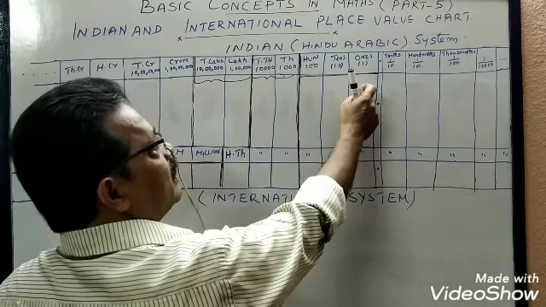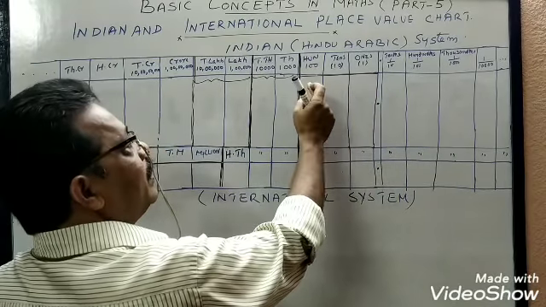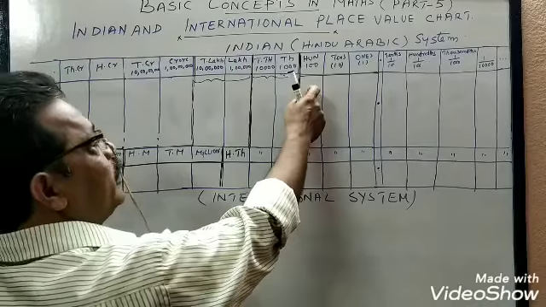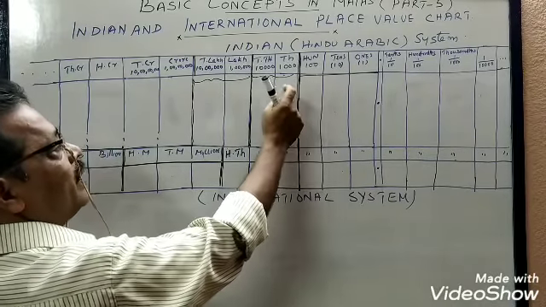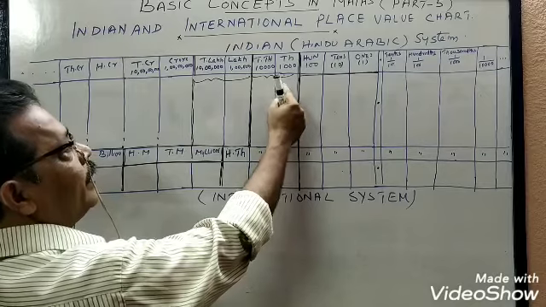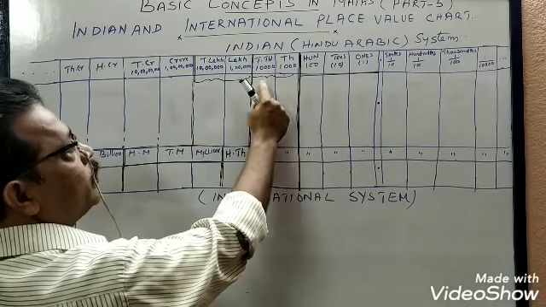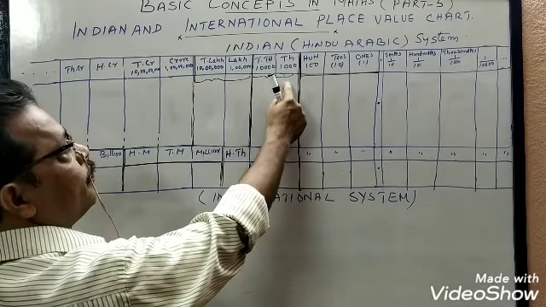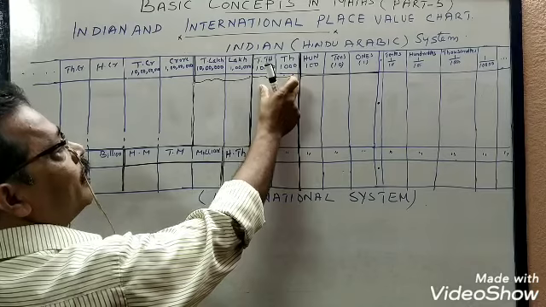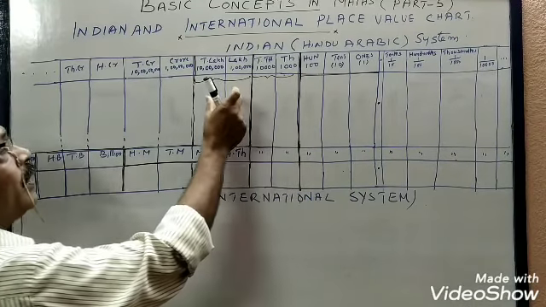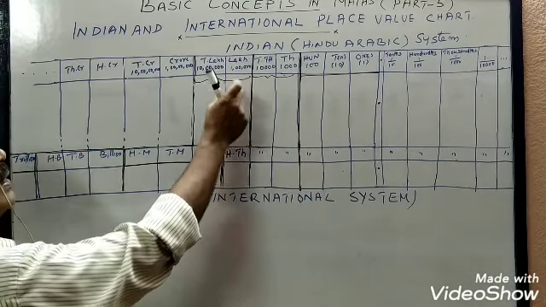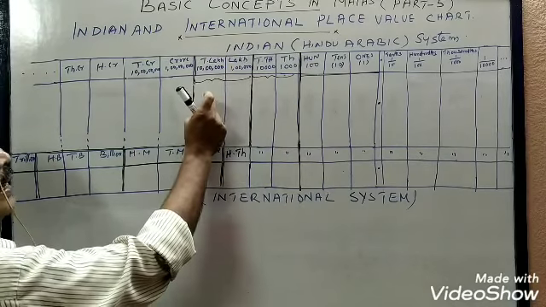Now the next period is called the period of thousands. There are 2 places, that is 1000 and 10,000. So 1000 and 10,000 together become the second period. In the third period also there are only 2 places, that is lakh and 10 lakh.